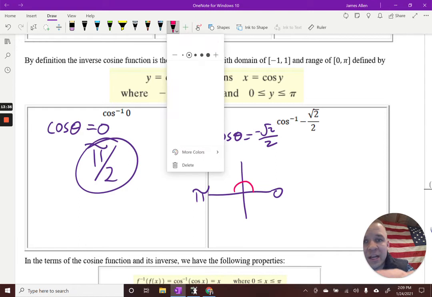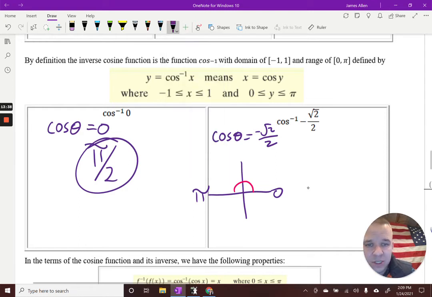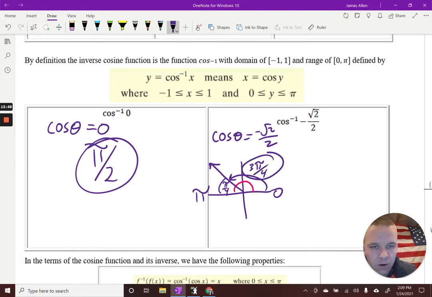Well, where is that going to be negative? If I position that, this is my 45, pi over 4 here. This would have to be 3 pi over 4 for my solution. And 3 pi over 4 is between 0 and pi. Awesome. Cool.